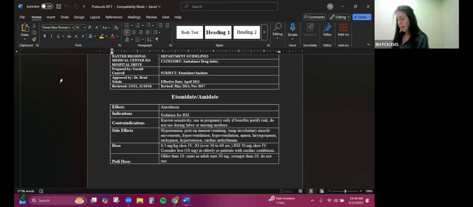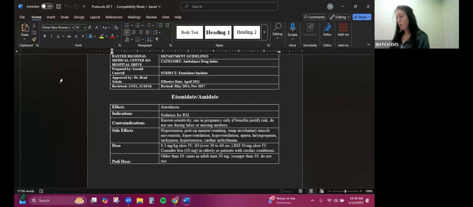Your dose for etomidate is going to be 0.3 milligrams a kilogram, slow IV or IO over 30 to 60 seconds. Your RSI dose is going to be 30 milligrams slow IV. You want to consider 10 milligrams in elderly or patients with cardiac conditions. And then, of course, your pediatric doses are in there.